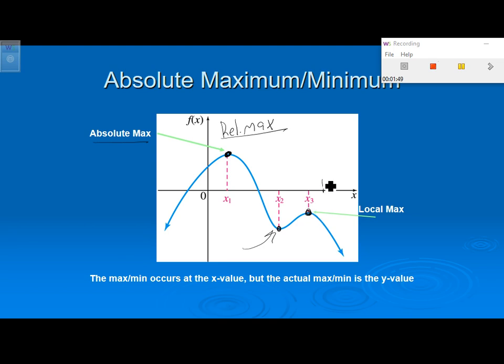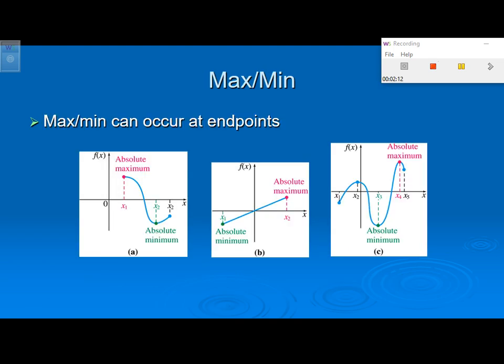We would still call this a relative maximum, but it's not an absolute maximum because of that point right there. I'm also going to point out that the maximum or the minimum occurs at the x value, but the actual maximum or minimum is the y value. So after we figure out where the max or min is, we have to plug that into the original function to get back to the correct value.